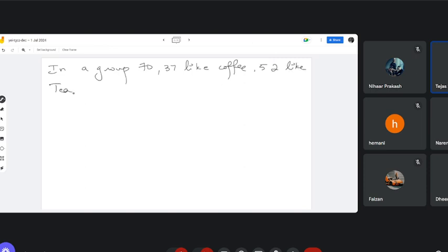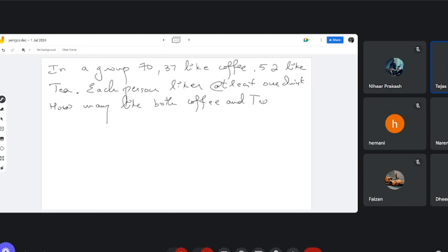And each person likes at least one drink. How many like both coffee and tea?